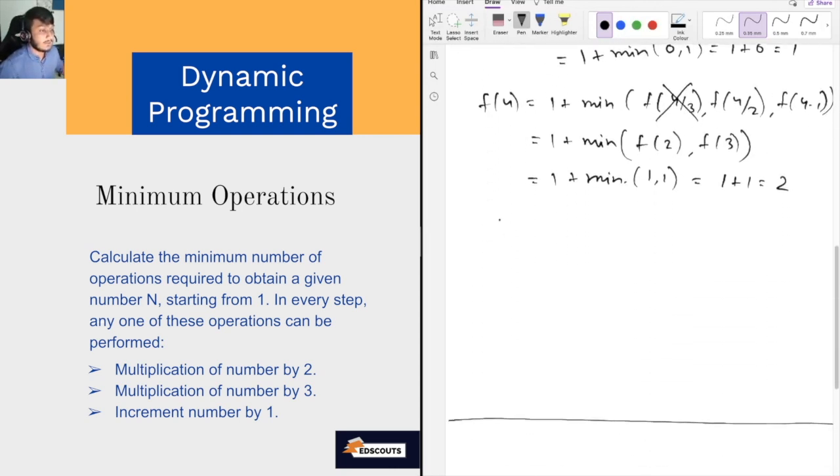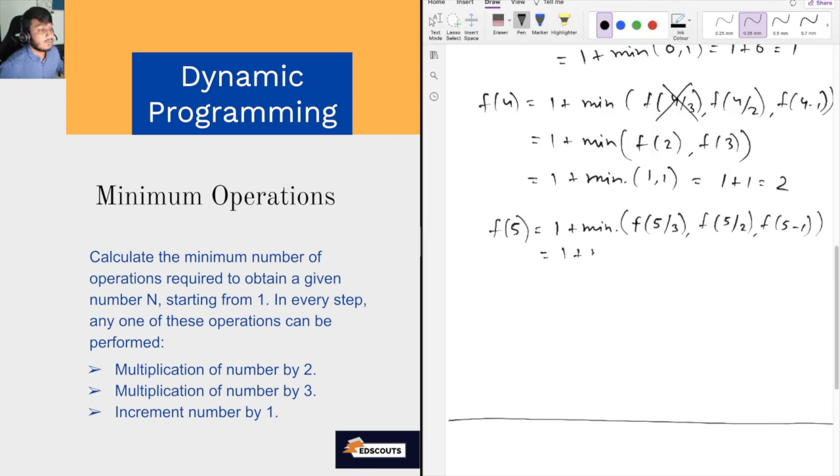Let's calculate similarly for f of 5. f of 5 is equal to 1 plus minimum of f of 5 by 3 comma f of 5 by 2 comma f of 5 minus 1.